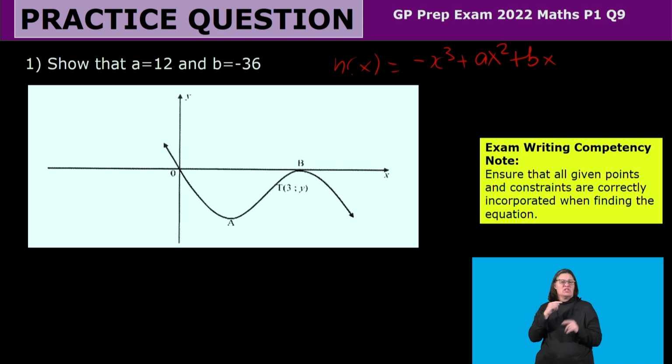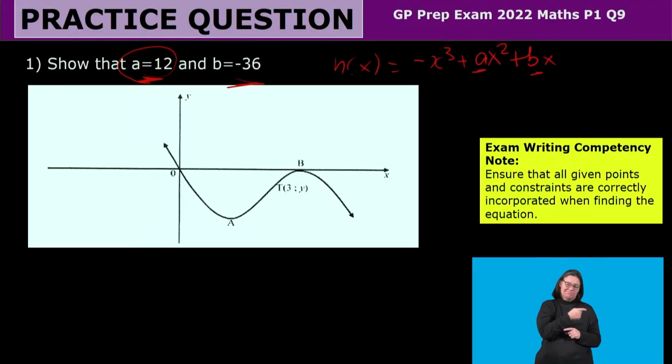C, we already saw that the value of that was 0. We need to find A and B based on what information we've got. What's really nice when they give you a question like that is they tell you the answer, so you know what you're working towards, and that helps you to guide your final solution, because if you get an answer for A that's not 12, you need to go back and check. If you get an answer for B that's not negative 36, we need to go back and check.